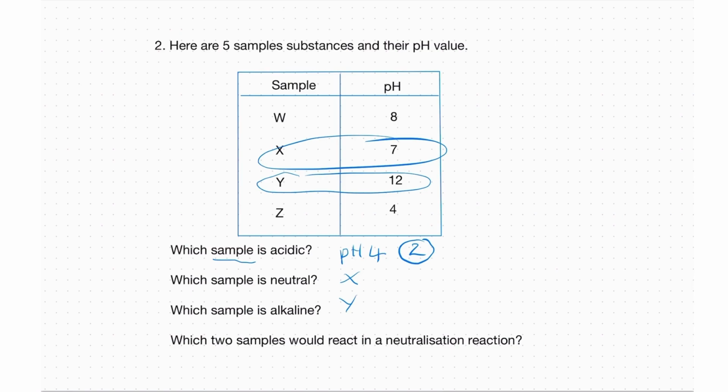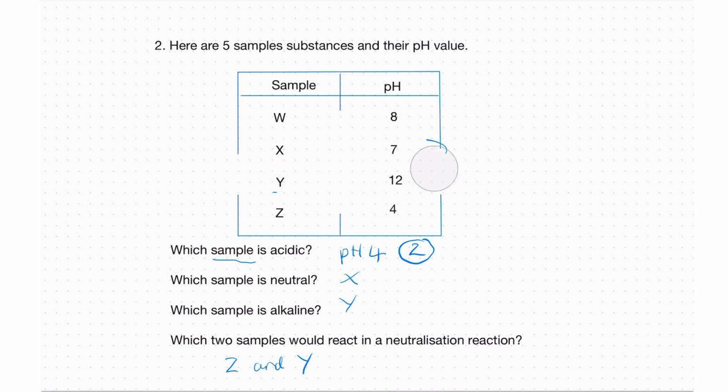Now, which are the two samples that will react in a neutralisation reaction? You want the most acidic and the most alkali to neutralise one another. So you're going to have sample Z and sample Y, because you want the two extremes. So that would be Z and Y.